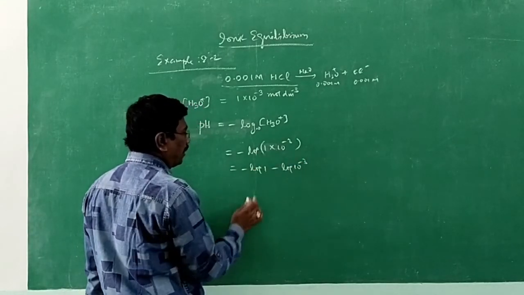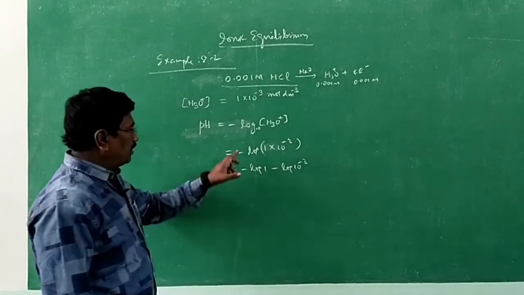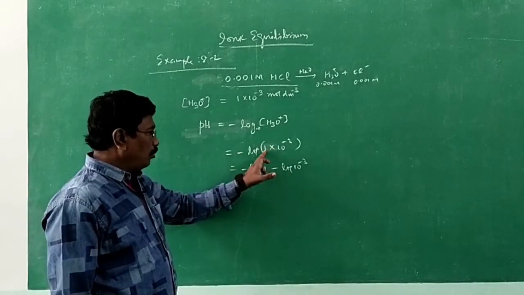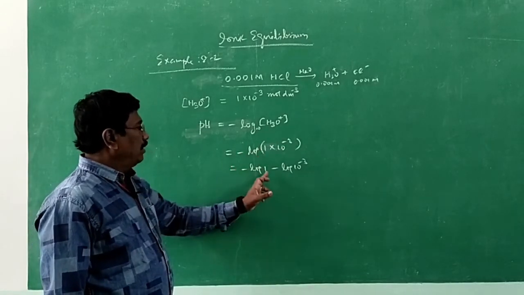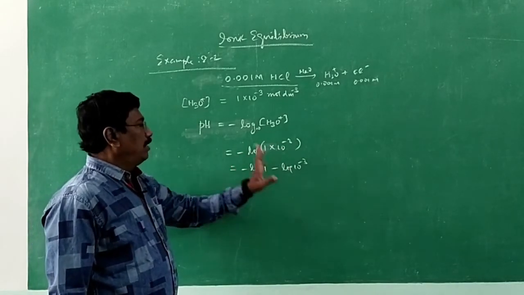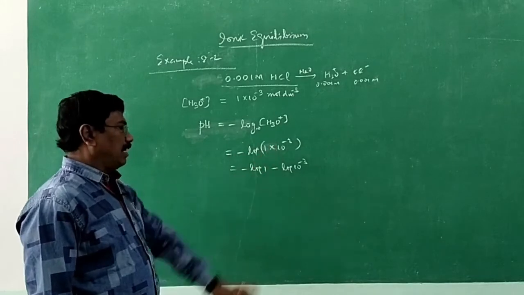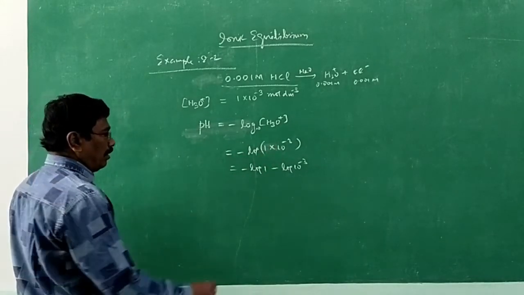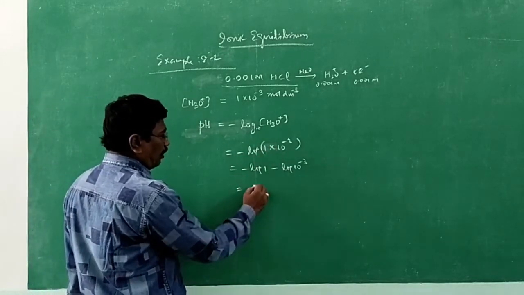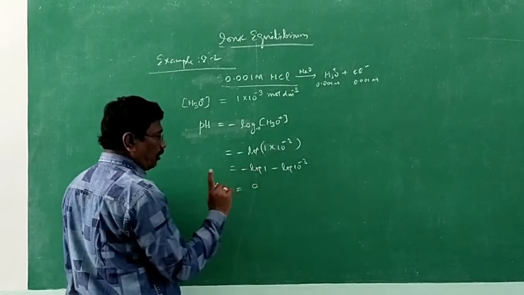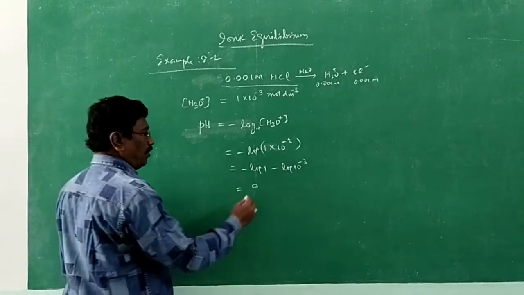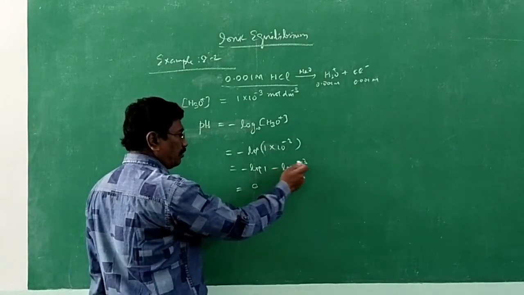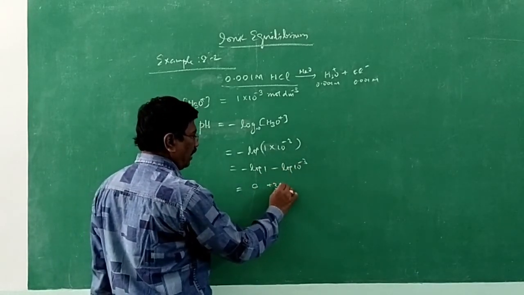Log A into B becomes log A plus log B. Since the minus sign is there, it is common for both 1 as well as 10 power minus 3. We know the value of log 1 is equal to 0. So, it is 0. When minus 3 comes in front, it will become plus 3 log 10.